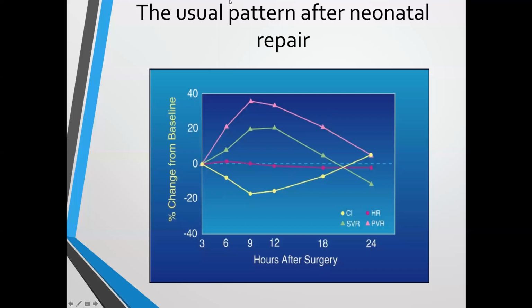Increase in SVR, increase in PVR, all of this can cause low cardiac output at the end. Let me tell you one scenario. As we said, one of the things after long bypass is capillary leak syndrome. The patient has a severe inflammatory response from the bypass, as you all know, SIRS.